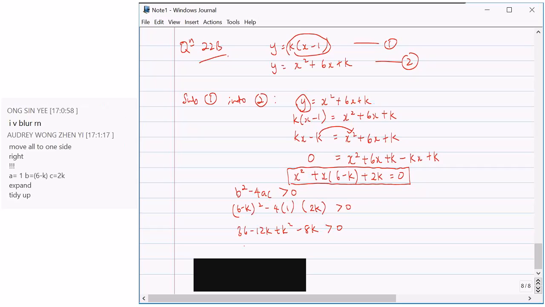Nice. K squared remains. Minus 12k minus 8k is minus 20k, plus 36 remains bigger than 0. Okay, so look at this. This is a quadratic inequality once again. Quadratic on the left, inequality here.